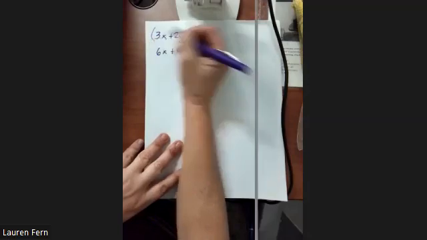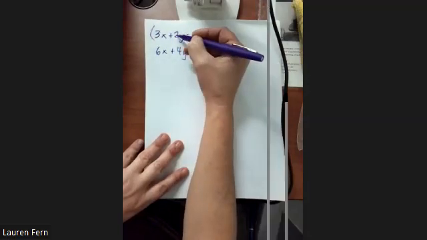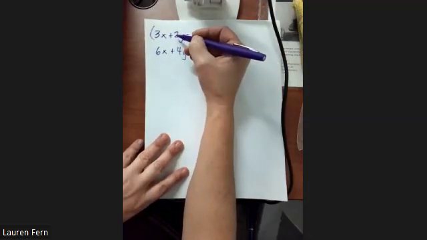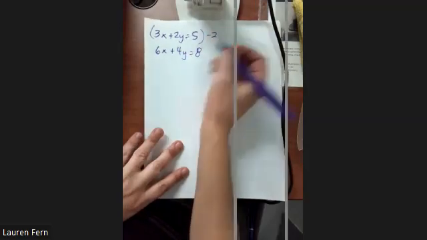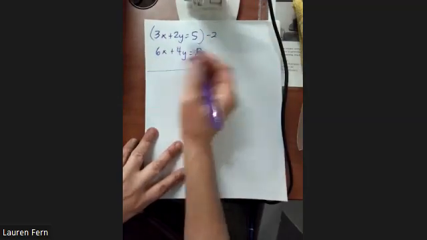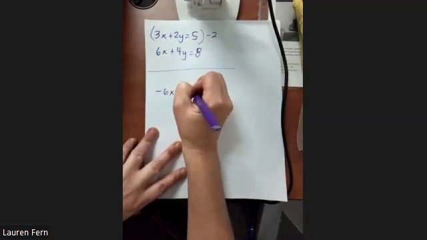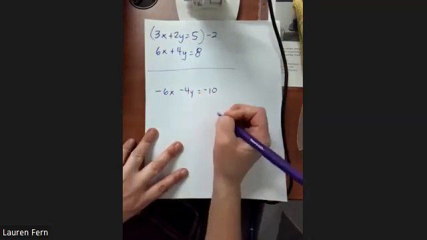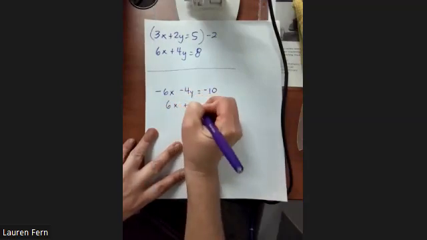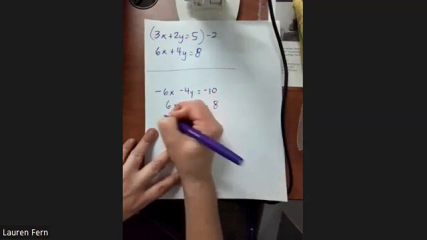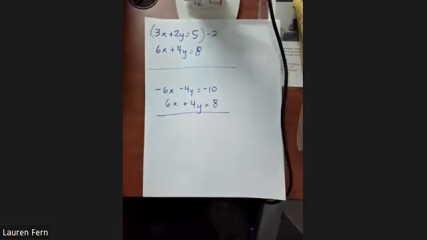So what do I need to multiply my top equation by in order to get a -4 here? -2. So if I do that, I'm going to get -6x minus 4y is -10. And I'm just going to rewrite my bottom equation because I didn't need to do anything there.